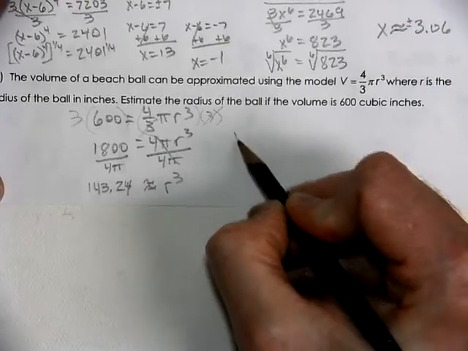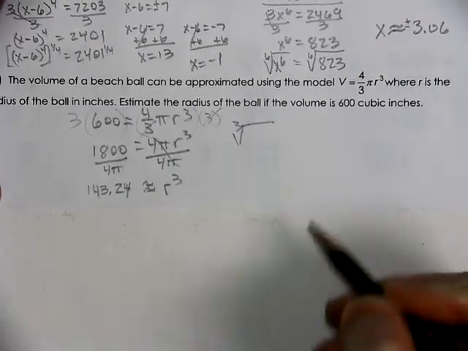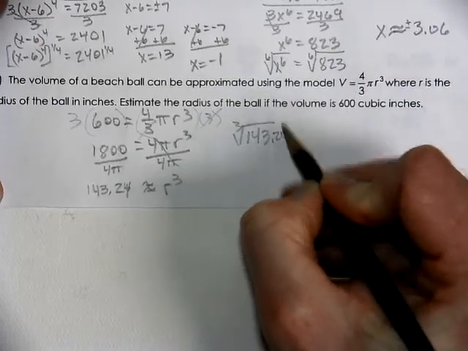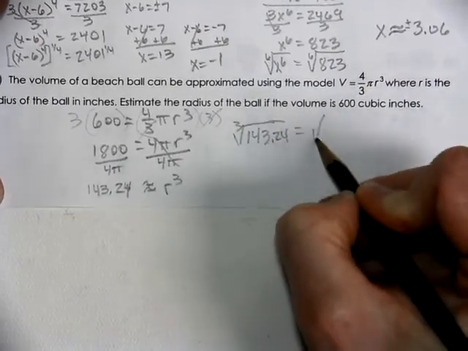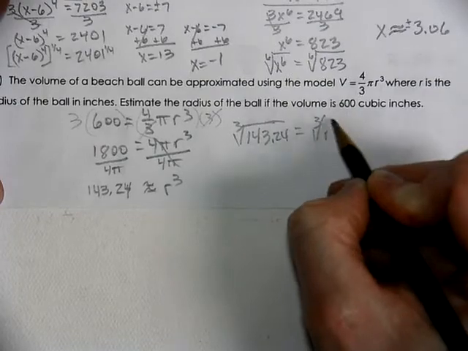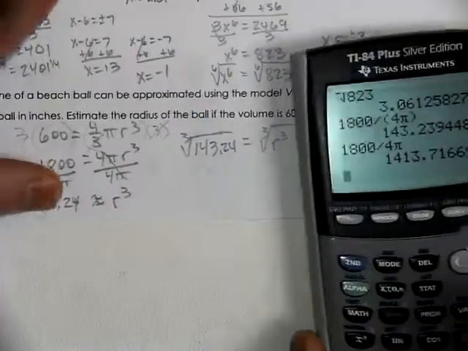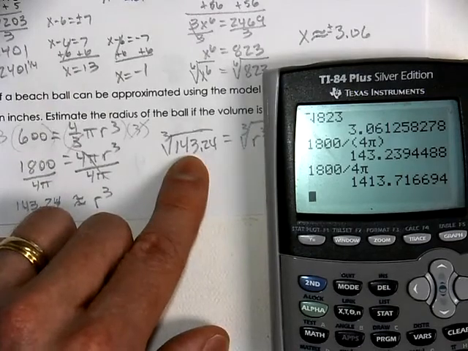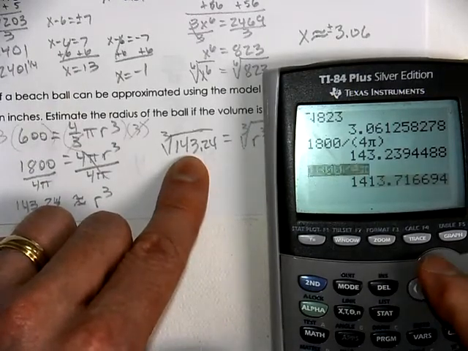So then we're going to do the cubed root of our 143.24 and the cubed root of r cubed. To do that, I wouldn't take the cube root of your decimal quite like that.